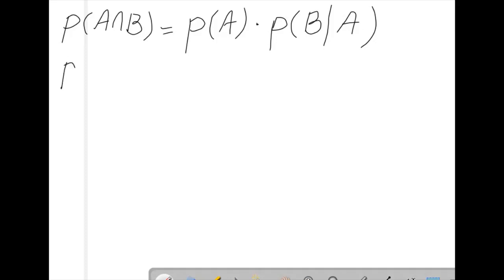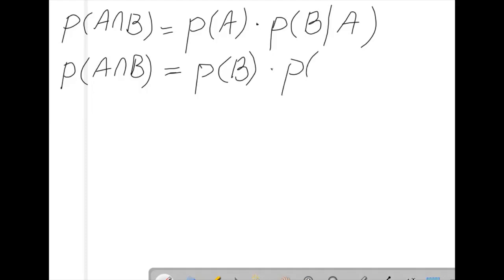Also, we can write it as this equation. Now we suppose B is the first one, so it is the probability of B times probability of A, given that B has occurred previously. So it doesn't matter which one is the first one.